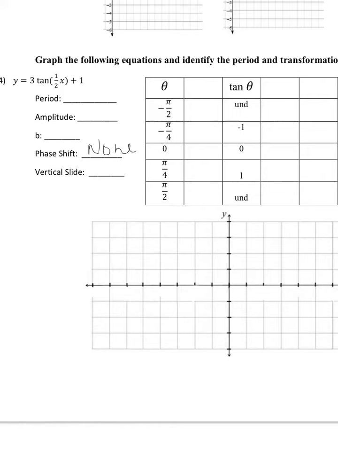And then we're going to start filling in our table for our function. So the inside is what changes the angle. So we have here 1/2 x.